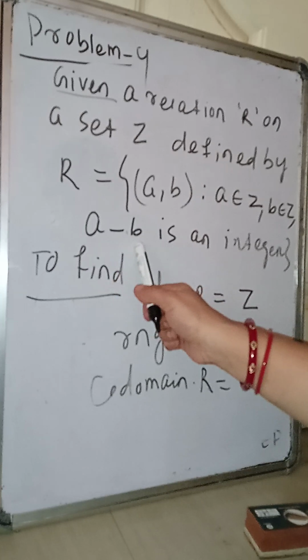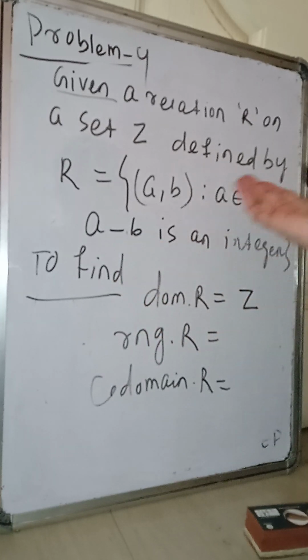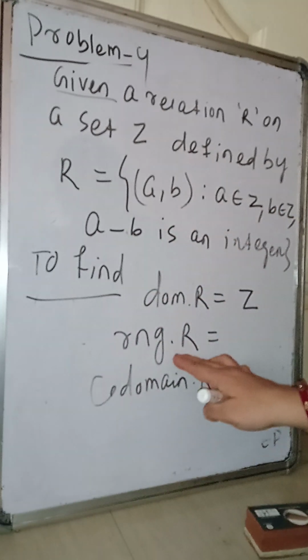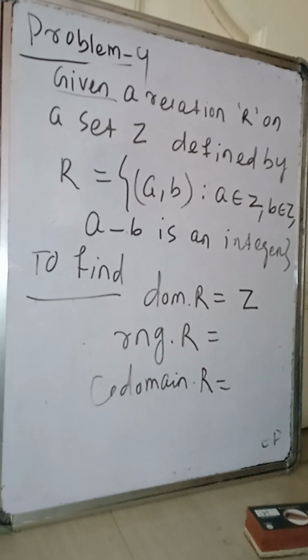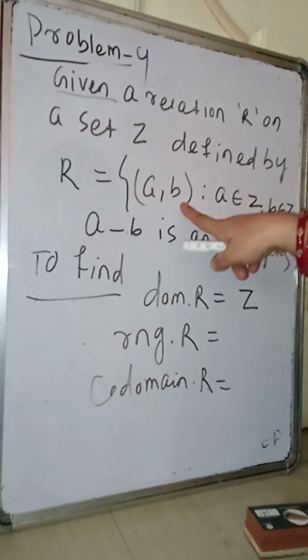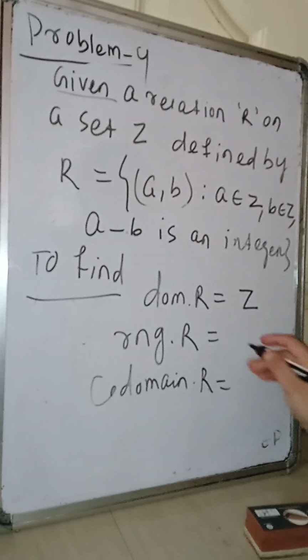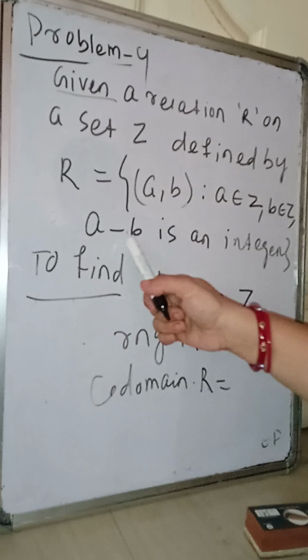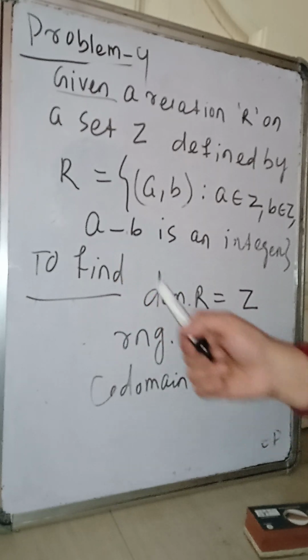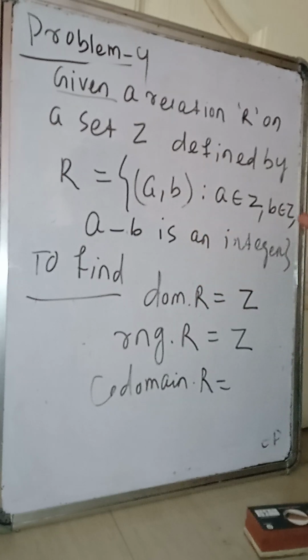If A is less than B, you get a negative integer. So in any way you take A and B from Z, A minus B is an integer. So the range of the relation, the collection of all second elements of the ordered pairs, meaning the images of the first elements, is in this case Z, because A minus B is an integer, so any element you take will lie in the Z set.